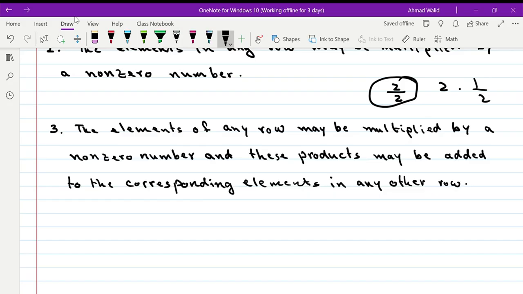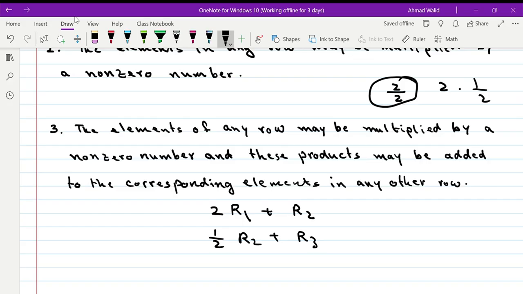Correct? For example, you multiply a number, for example 2, to row 1, then you add it to row 2. Or you multiply 1/2 to row 2 and you add it to row 3, or any other row that you need.